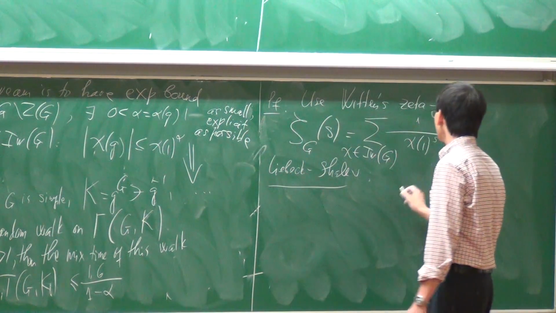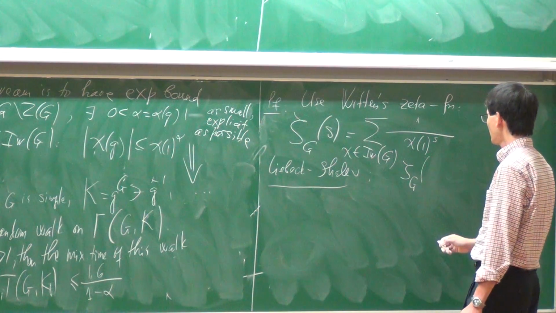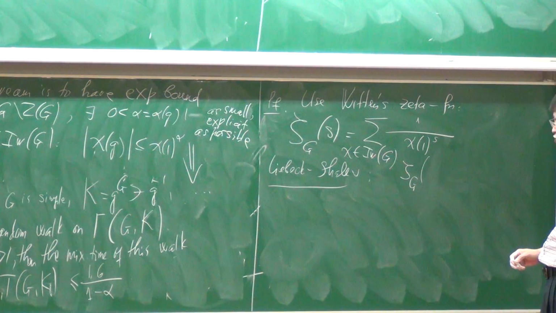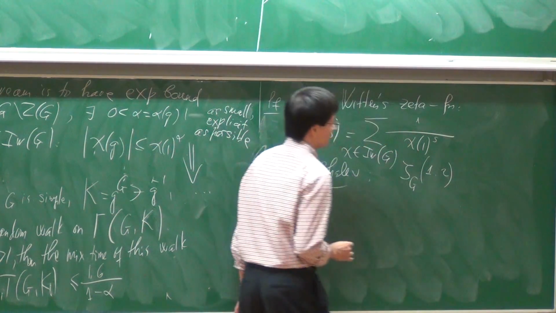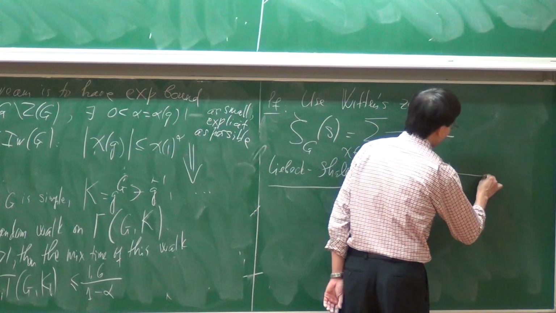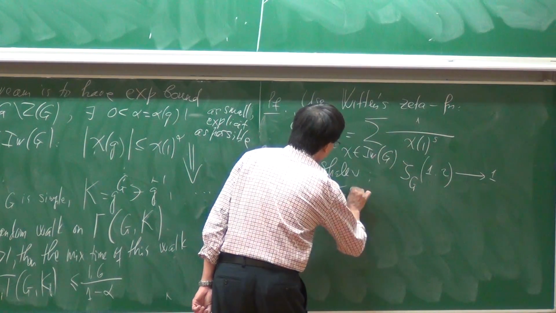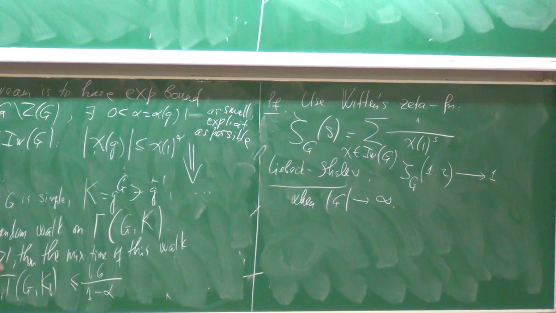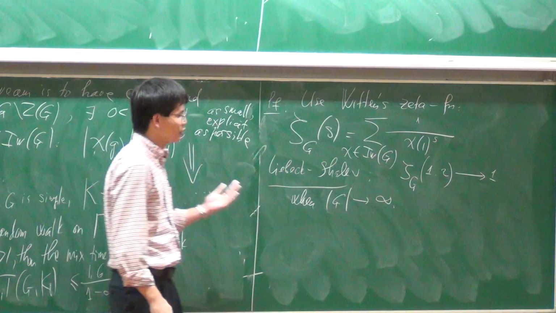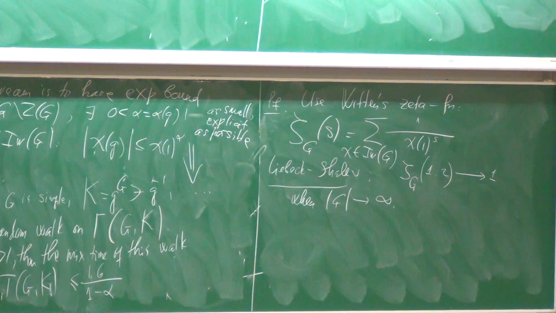This shows that if you look at the zeta function of G at something larger than 1, so let me say 1.2, then this will tend to 1 when the order of G goes to infinity, G simple. So you can see that my 1.6 is just (2 plus 1.2) divided by 2. Okay. So this is one application.